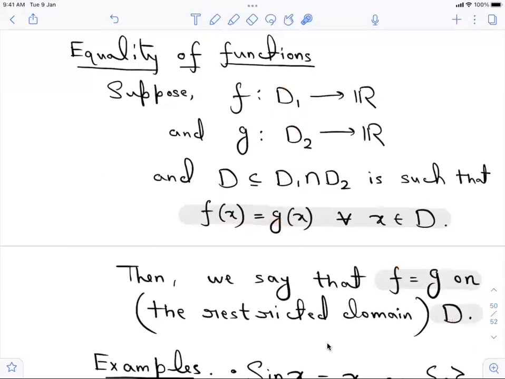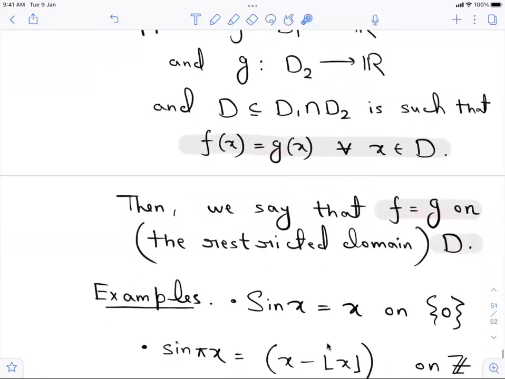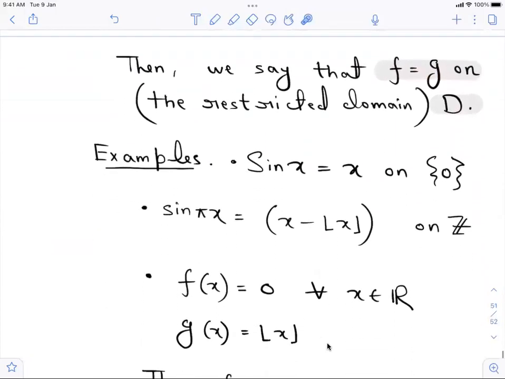So we might as well consider f as a function from D to R, and similarly g as a function from D to R. So if on D, f and g are equal, then we say that as functions on D, they're the same function.